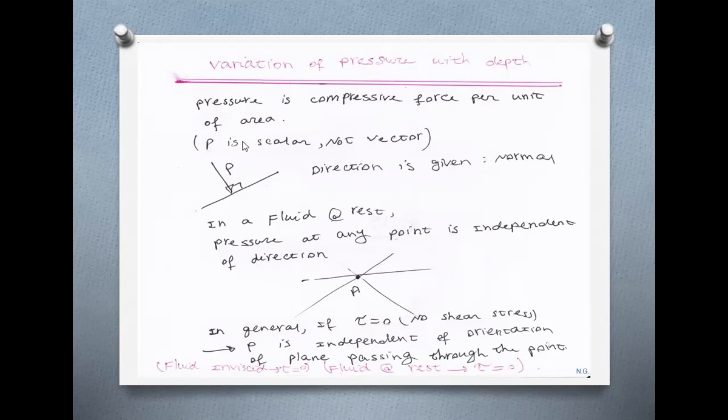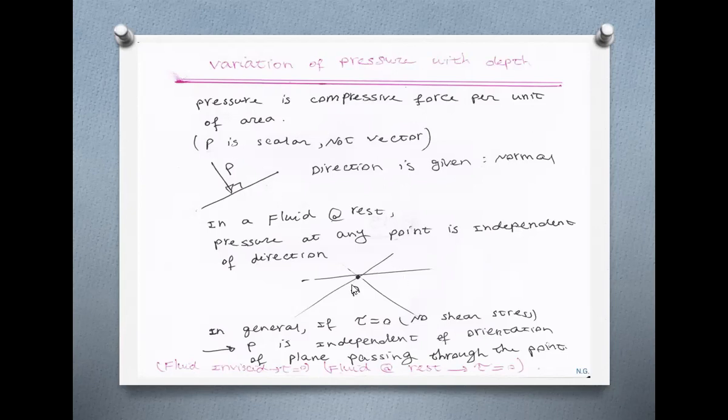What do you think? I'd just like to know. Does it matter? If we look at point A, from which direction do you get a different value for pressure? No. You are correct, because here is the thing. If there is no shear, it doesn't matter.